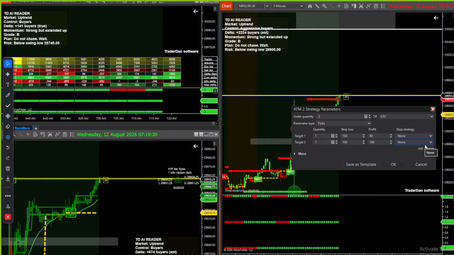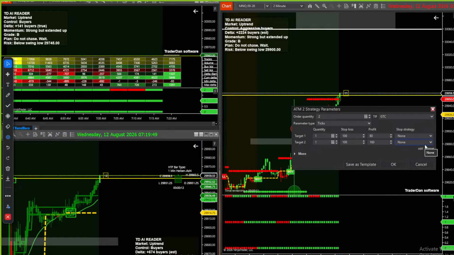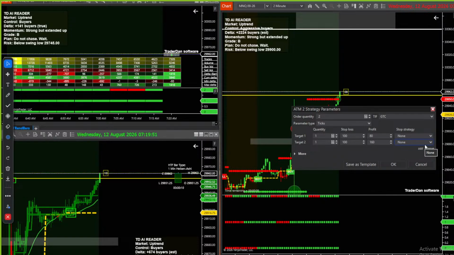Yeah, what that does is when I take the trade, it moves it out away from the entry, and then I can move them where I want to. If I'm only looking to sweep the high or the low, I'll put one target there and then get the runner, put stop and profit, or whatever the case may be. 80 and 60. 80 and 160. Okay, I'll change one to that. You got it? Yeah, 80 and 160.